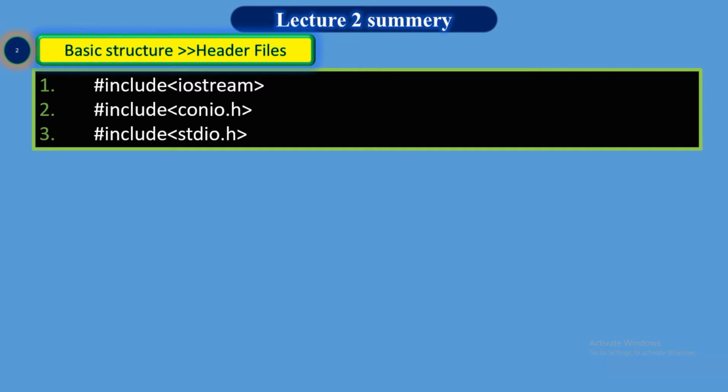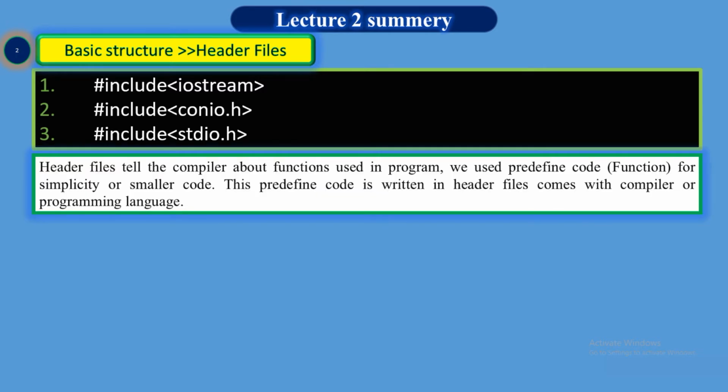Header files start with number sign, include, in angle brackets, header file name. Header files tell the compiler about the functions we use in our program. Header files are predefined functions and code used in our program.